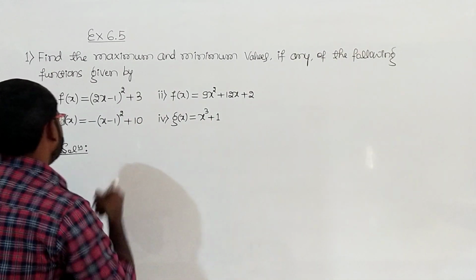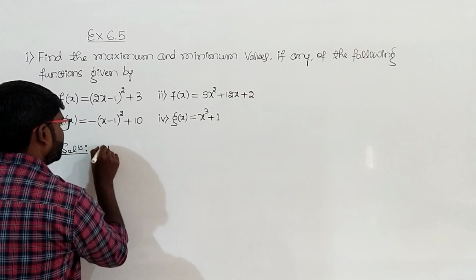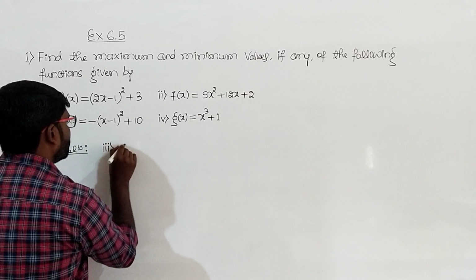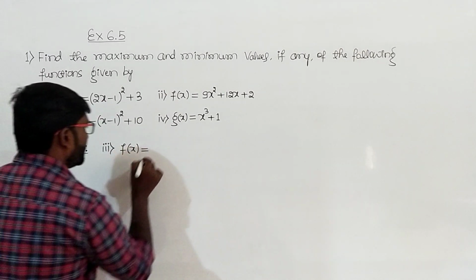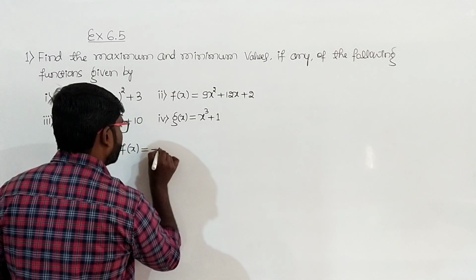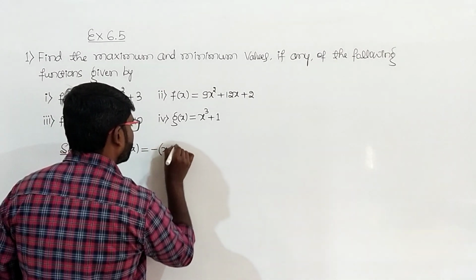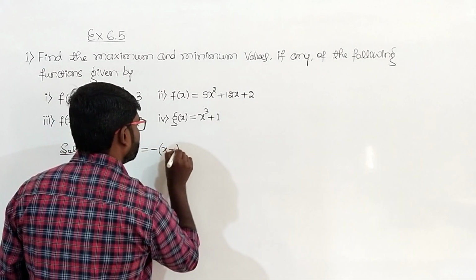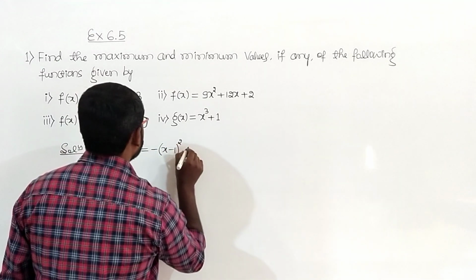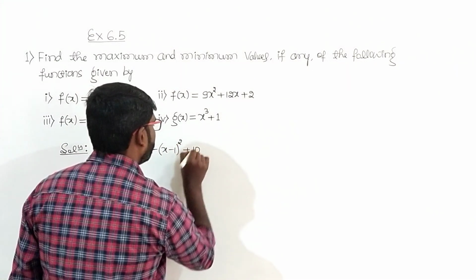Well, the third, it is Roman number 3, f of x equals minus x minus 1 the whole square plus 10.